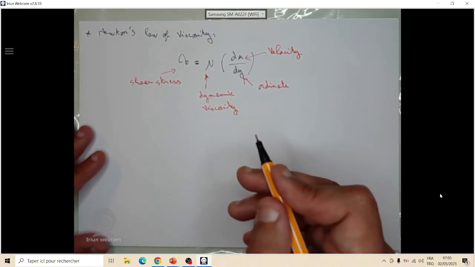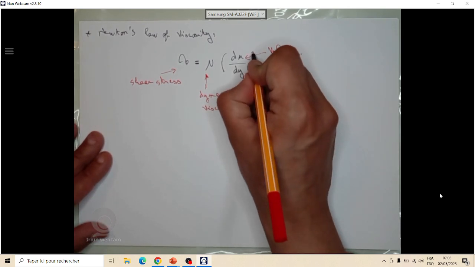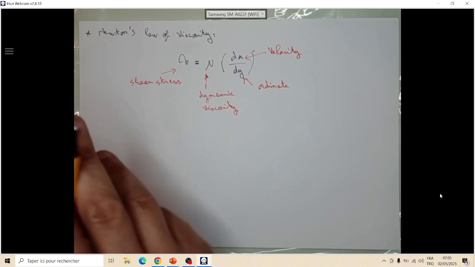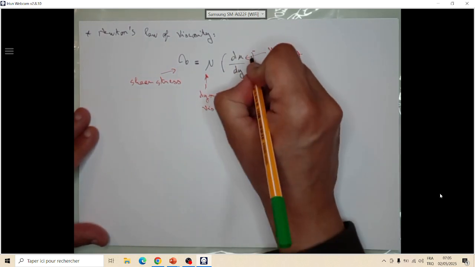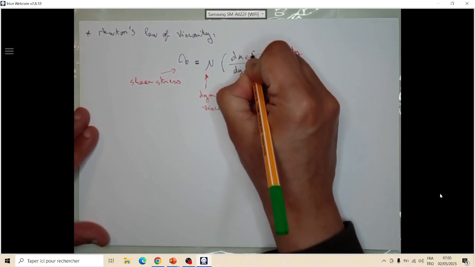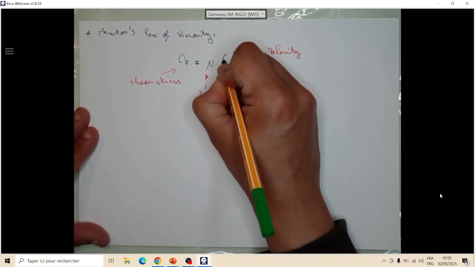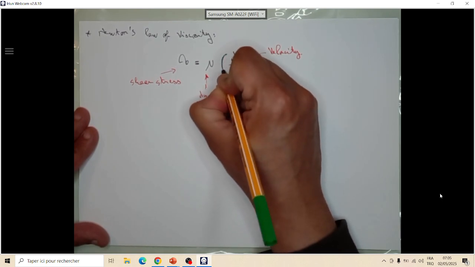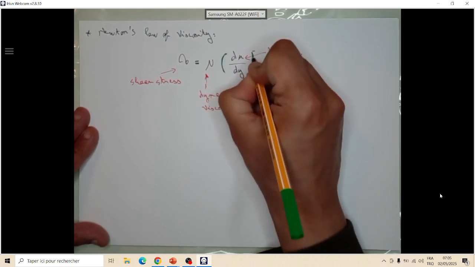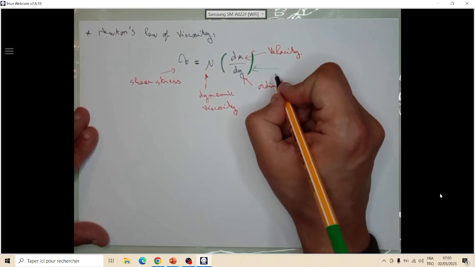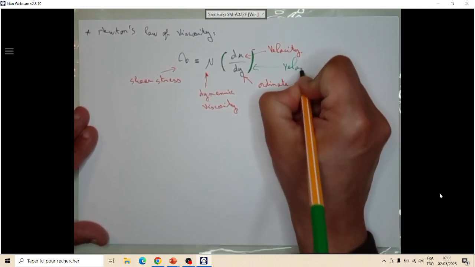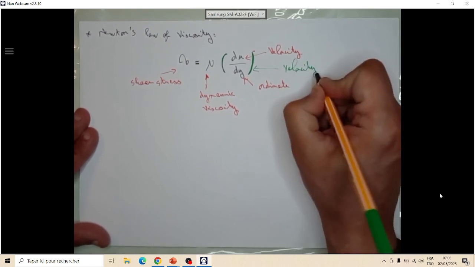And if we take this term which is between these two parentheses, the derivative of u with respect to y, this is what we call the velocity gradient.